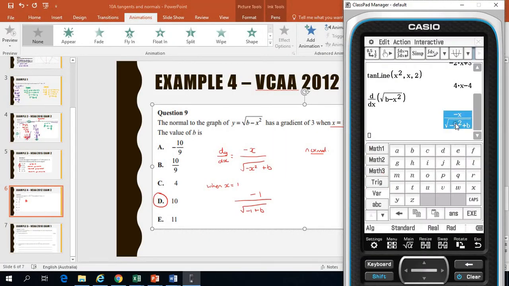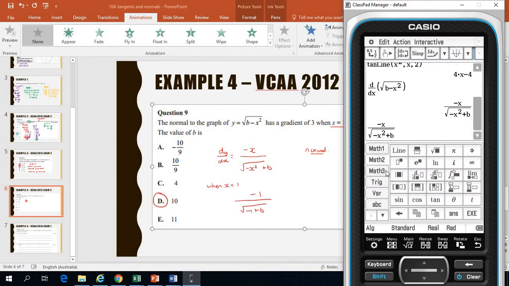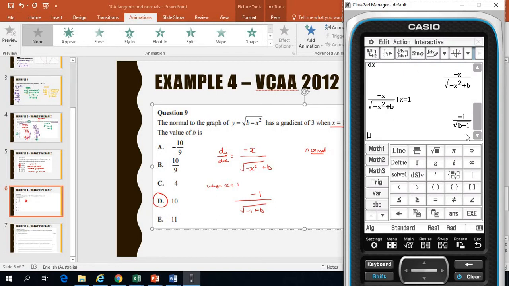So what I would do is that first of all I would substitute in here, given we know this needs to happen where x equals 1. Okay, it simplifies for us. I want to know where does the normal of this equal 3. The other way of saying this, I before flipped this fraction.